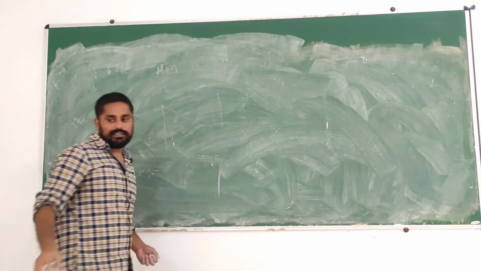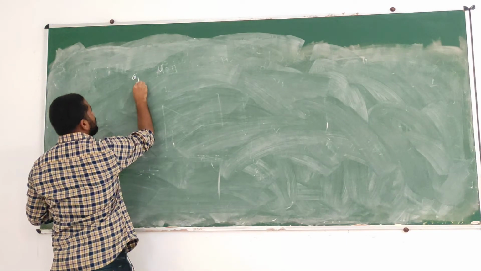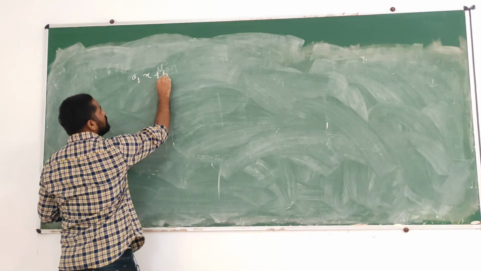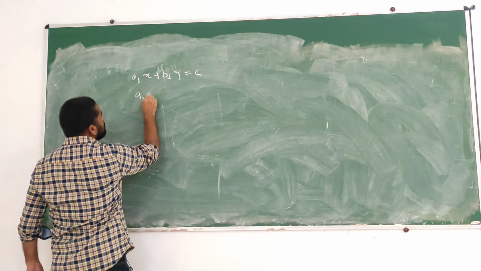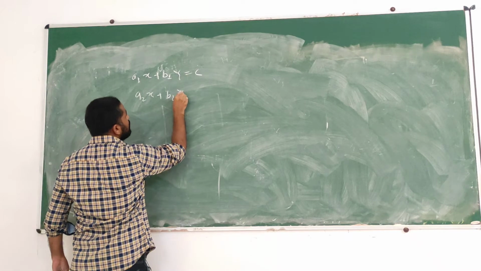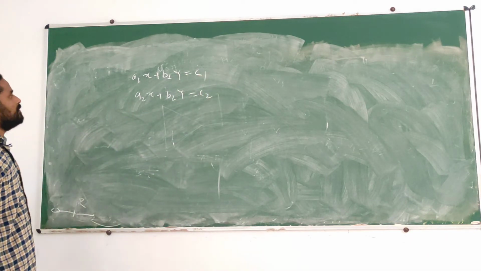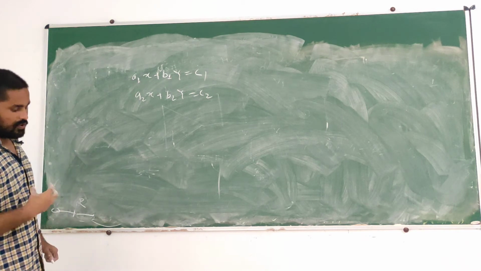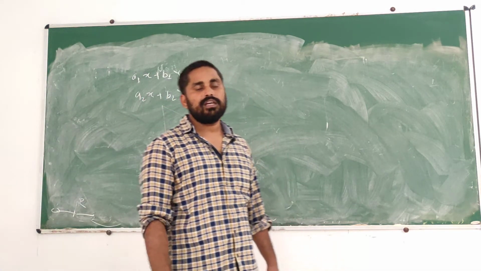Suppose you have the linear equations in the form a1x plus b1y equal to c1, a2x plus b2y equal to c2. This is the generalized form of the equation. Now we need to solve it. We are going to try to solve the linear equation with the help of an op-amp circuit.